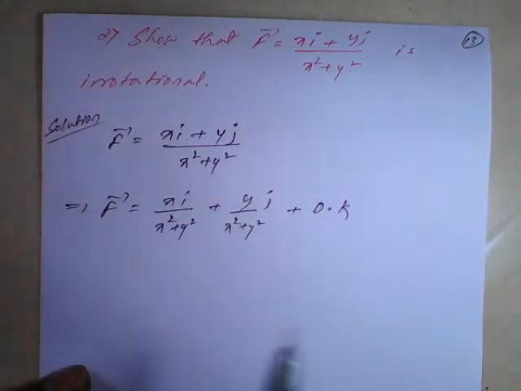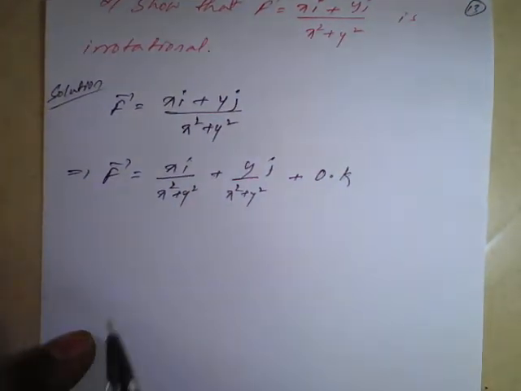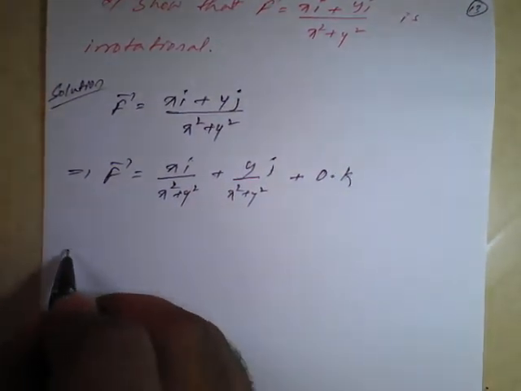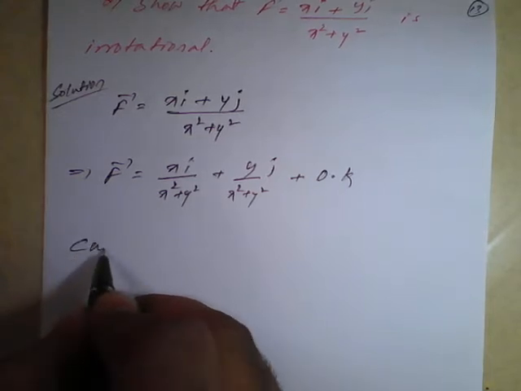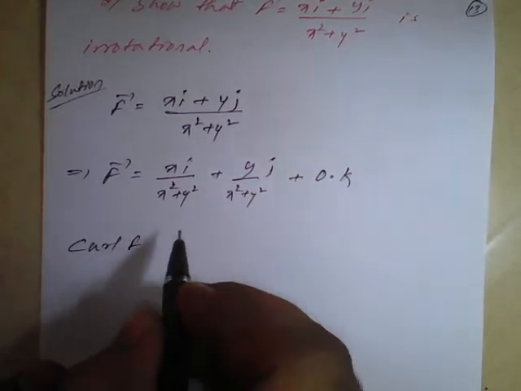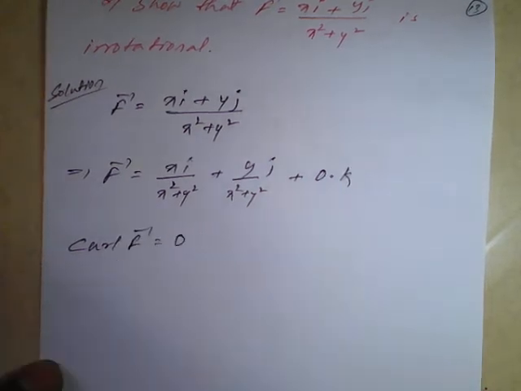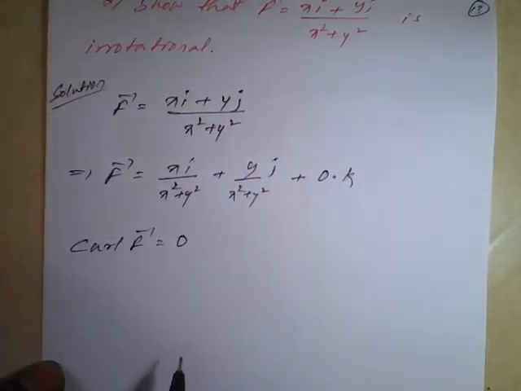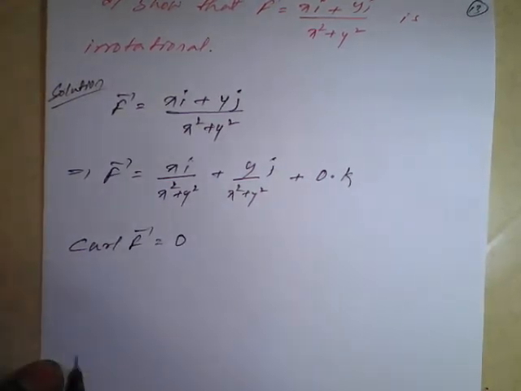Now we got vector f. We need to show that it is irrotational. To show irrotational, we need to show that curl of vector f is equal to 0.